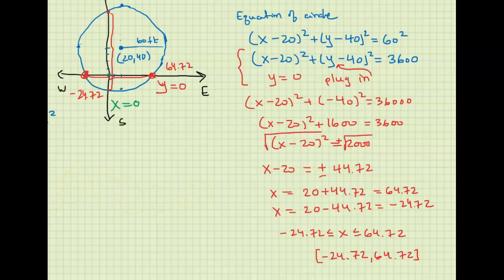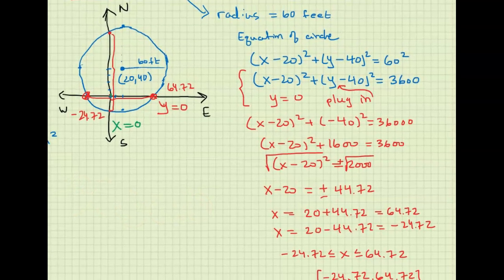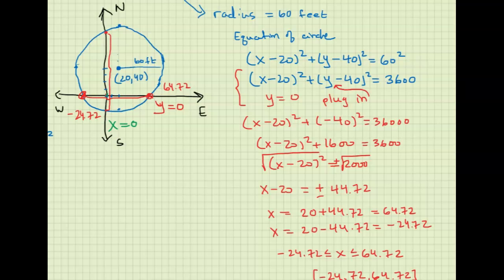Now we want to figure out what portion of the y-axis is illuminated. We go back to our circle equation, x minus 20 squared plus y minus 40 squared equals 3600. But now we want to plug in x is 0, because we want to see where the vertical line crosses the circle.